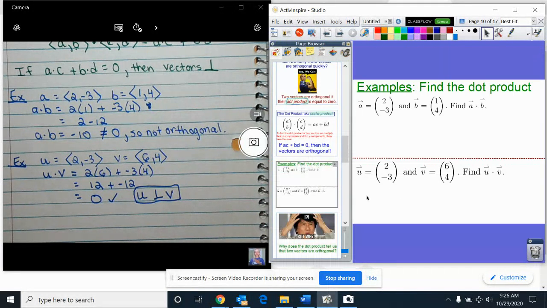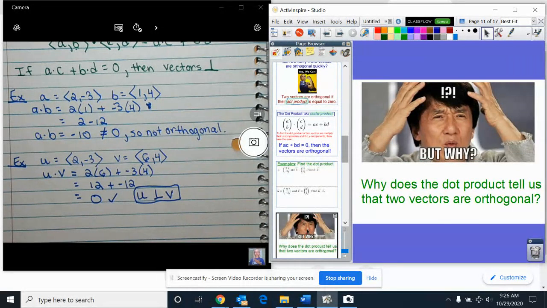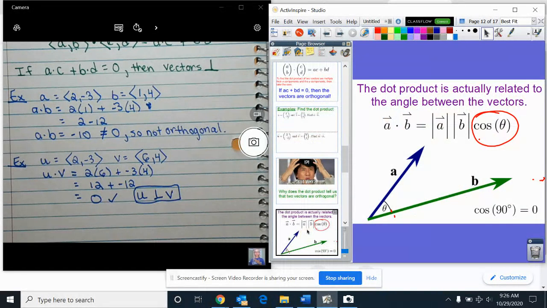Now, let's look at a couple other vectors. Before that, I just wanted to introduce something that we'll talk about later when we look at trigonometry. Why does the dot product tell us that two vectors are orthogonal? It has to do with the angle between the two vectors.